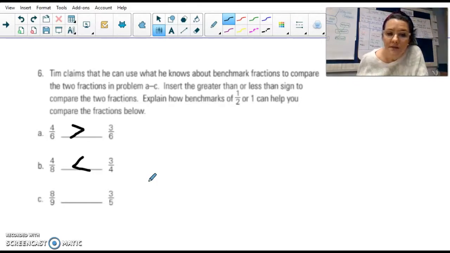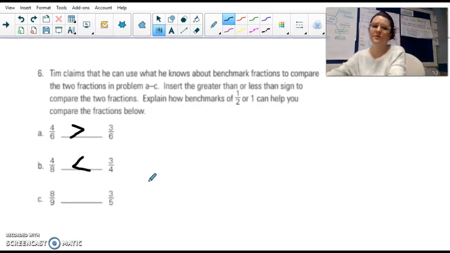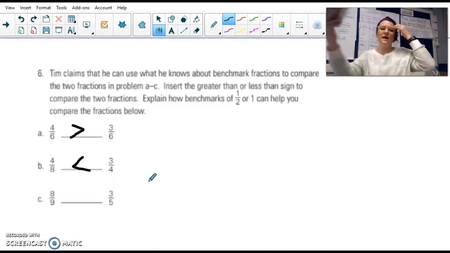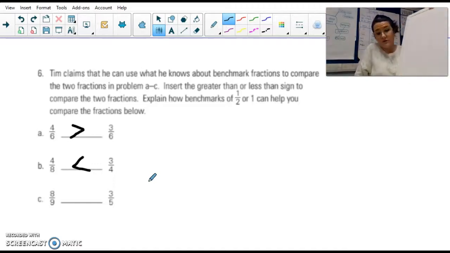So 5ths are bigger than 9ths, but if I'm thinking of 8/9 and 3/5, 8/9 I would only need one little more 1/9, one little fractional piece to make one whole, because 9/9 is one whole. 3/5, I would need 2 more 5ths, which would be bigger than 1/9 to have one whole.